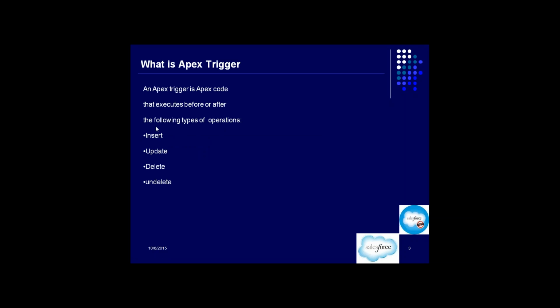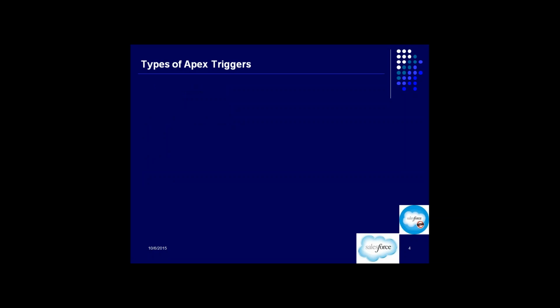The moment you are saving the record, or updating or deleting the record, it will automatically be called. When do you want to call it? That you have to define. Whether you want the trigger to work before insert or before delete, that's something you will have the option to define. So there are two types of apex triggers.